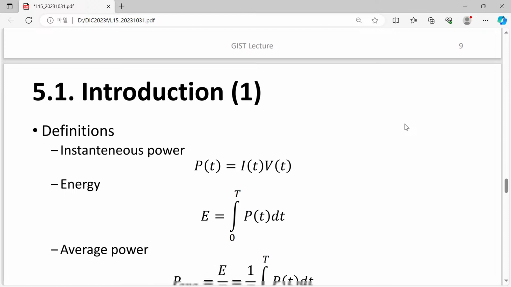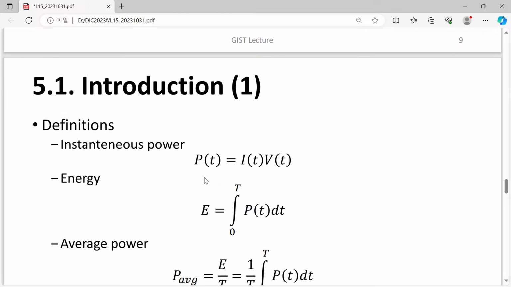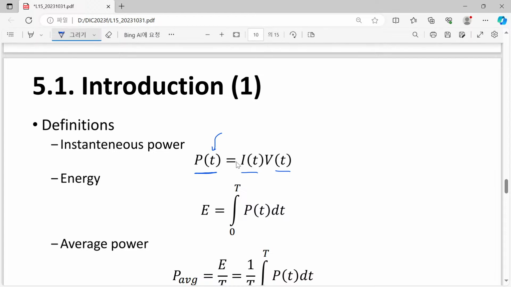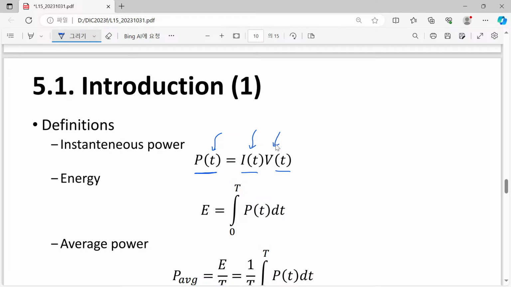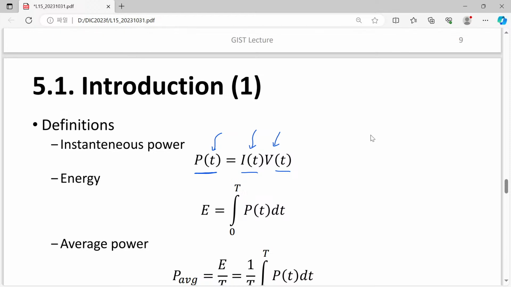Here we introduce instantaneous power consumption at a given time. At any time instance t, its power consumption is given by I times V. This is the power consumption.